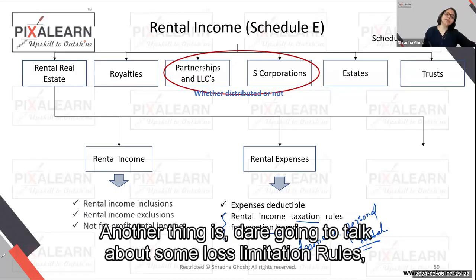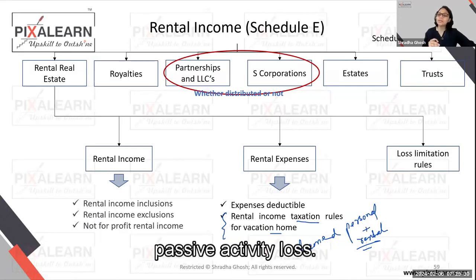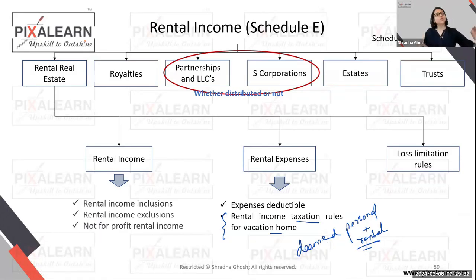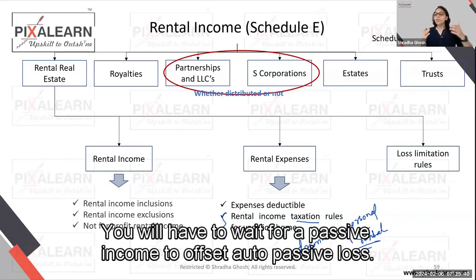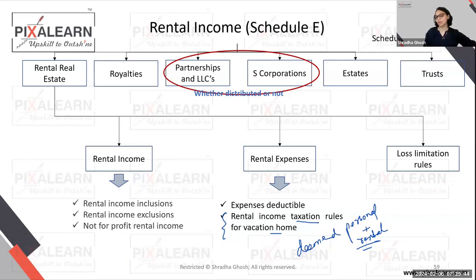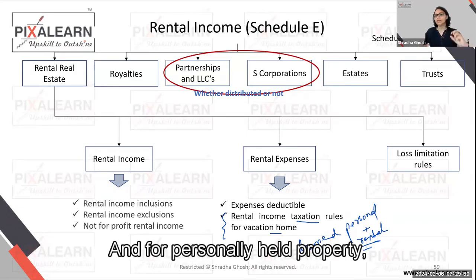Okay. Another thing is, they are going to talk about some loss limitation rules, which again is a common code in entire US taxation, that if it's a passive activity loss, if you're passively holding a property and you've incurred some losses on it, you cannot offset it against normal heads of income. You will have to wait for passive income to offset a passive loss. So here we want to discuss a little bit about the loss limitation rules for personally held property.